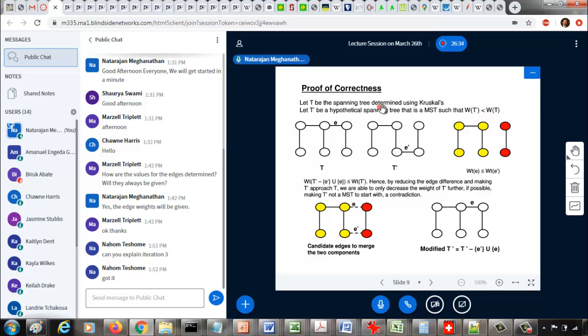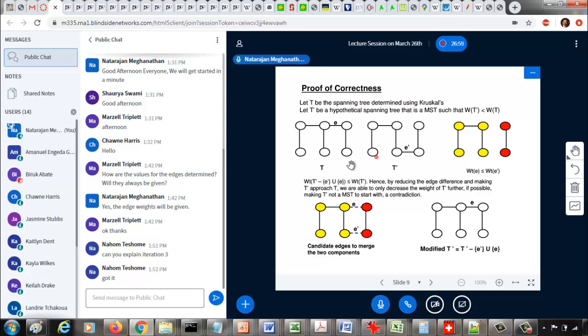We have to prove that it is a minimum spanning tree. So we'll assume the opposite, that T is not a minimum spanning tree. There exists some other tree, say T prime, found by some other hypothetical algorithm, and that's a minimum spanning tree.